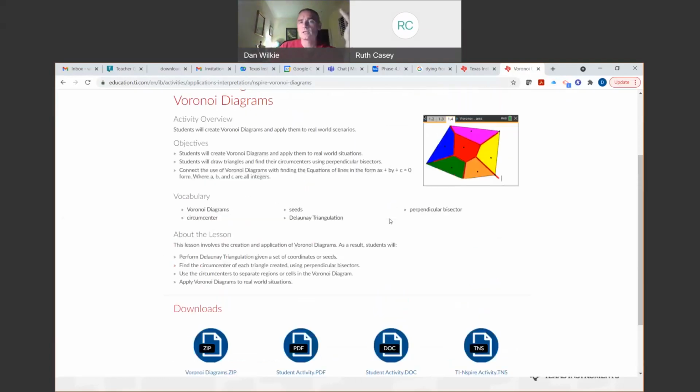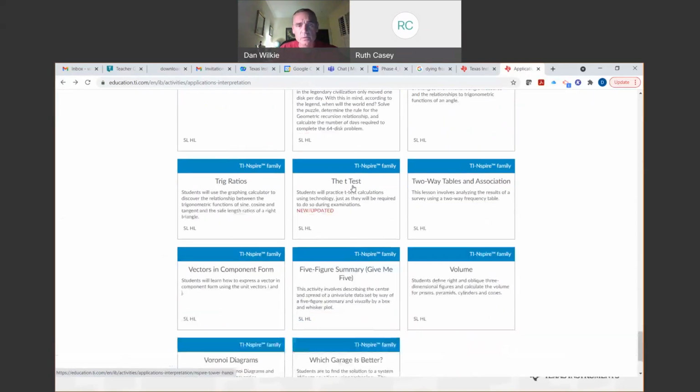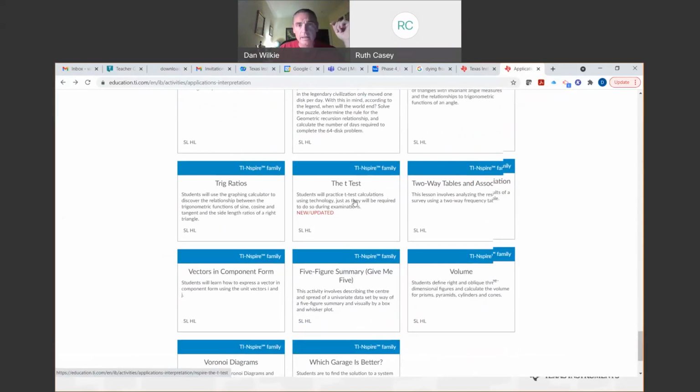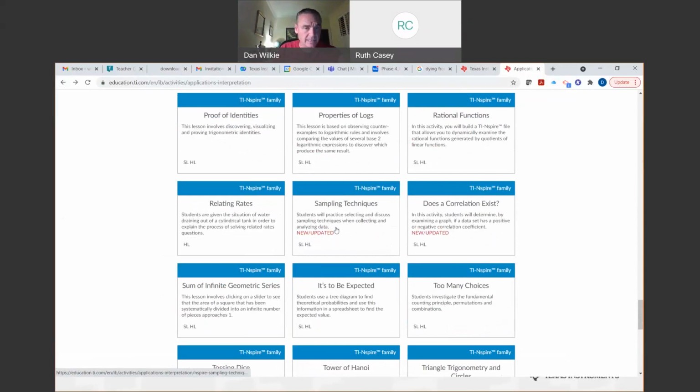So that's just a quick sample of the Voronoi diagram. That was one of our new ones. The t-test was brand new, and sampling techniques was brand new. But does a correlation exist? This one right here is an updated one.